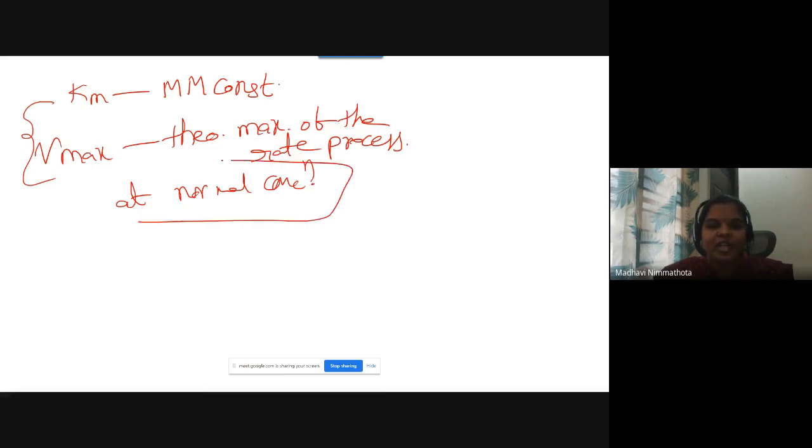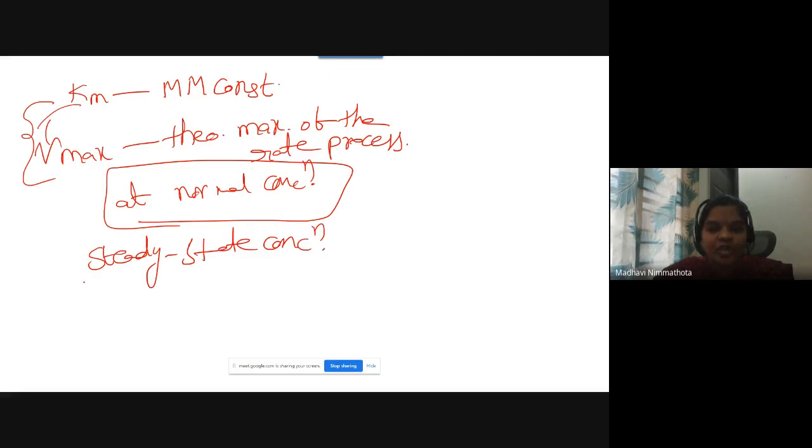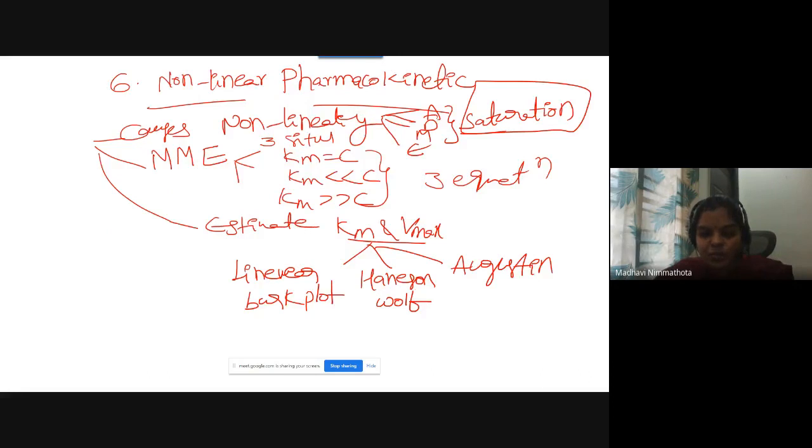And one more important thing you need to remember: you can estimate this Vmax and Km at steady state concentrations also. Steady state concentration. This is the last topic in the sixth unit. So the Lineweaver-Burk plot, Hanes-Woolf plot and Augustinsson plot are useful to estimate the Km and Vmax at all the concentrations.